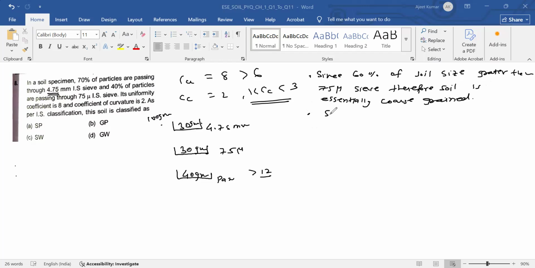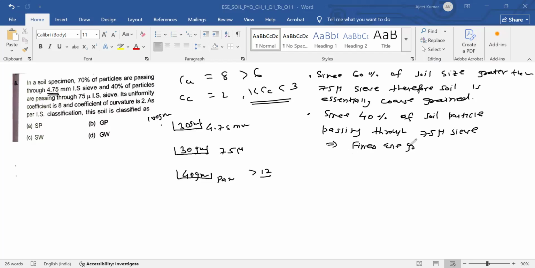Next point, since 40% of soil particles are passing through 75 micron sieve, this implies that fines are greater than 12%. So soil must have dual character.